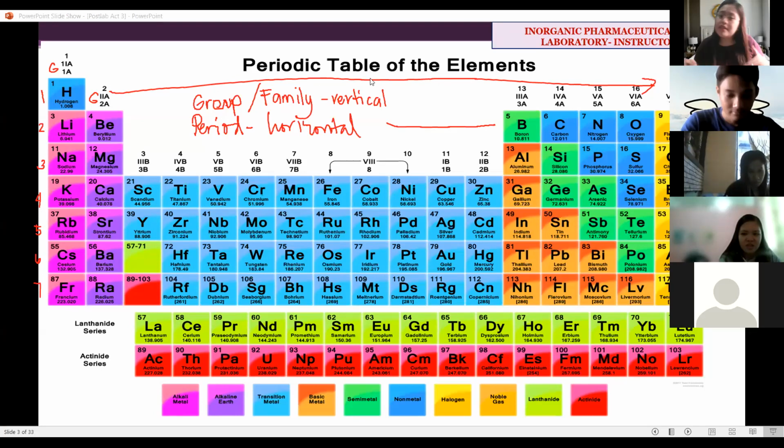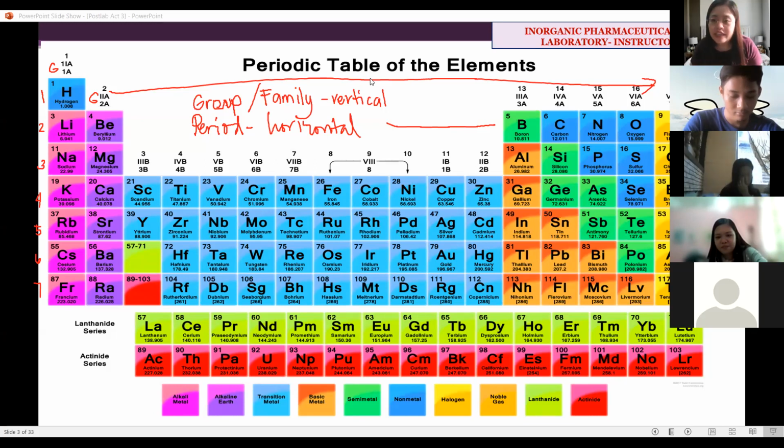Actually, it's still possible that it will increase, because we don't know, maybe after some years new elements will be discovered. So there is still a possibility that our periodic table will change. But so far, as of today, we have 118 elements in the periodic table. Okay?